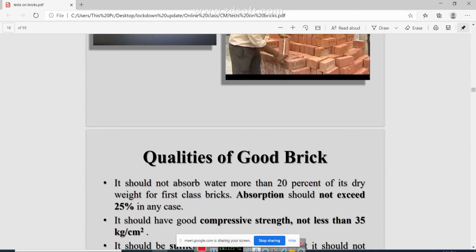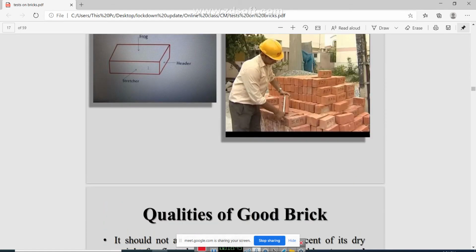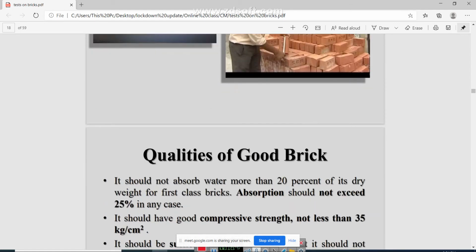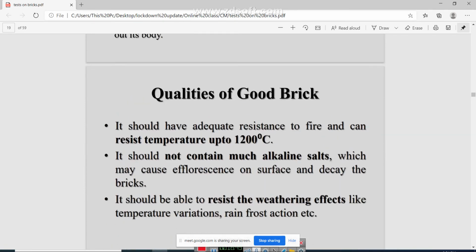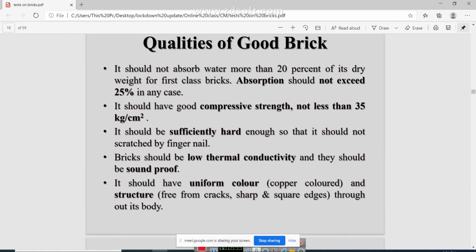Then water absorption of brick. Water absorption of brick means if the brick is immersed in water. When we are discussing the testing of bricks, I'll tell you the detailed procedure of conducting this test. Now you understand that absorption should not be more than 20%.